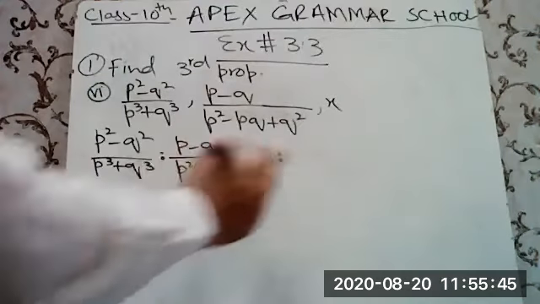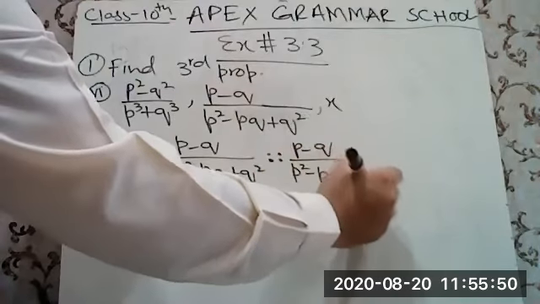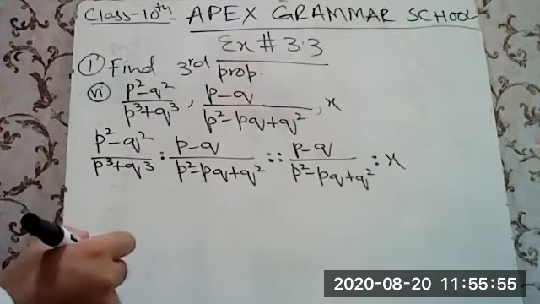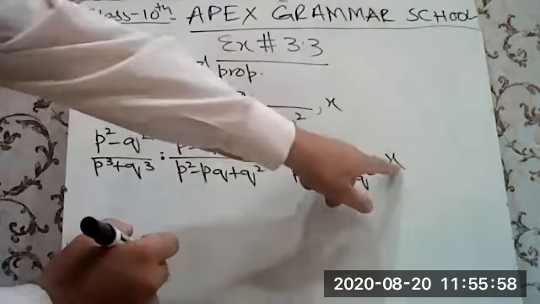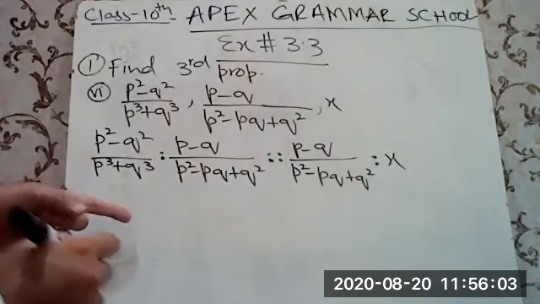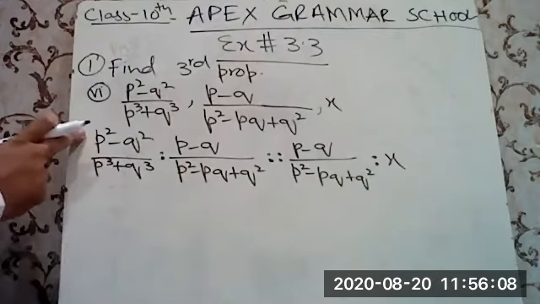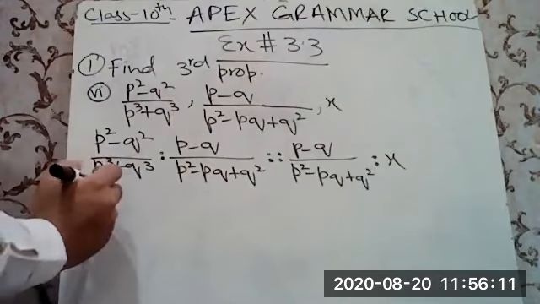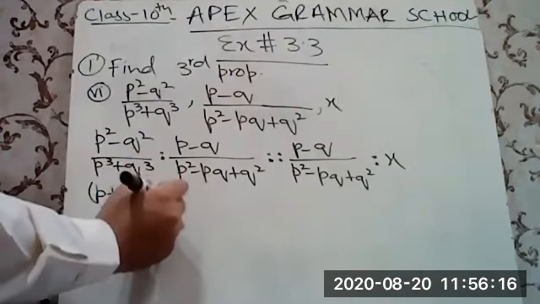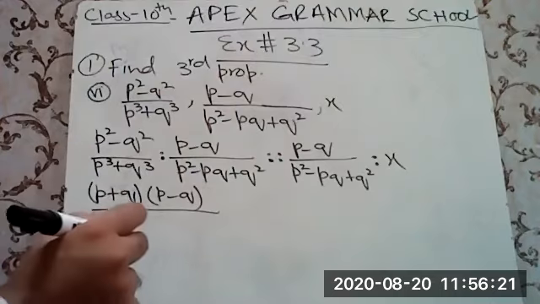Again this thing, p minus q divided by p square minus pq plus q square, ratio and x. Now these are extremes. At this step, I will open these formulas. Instead of writing p square minus q square, I'm going to write p plus q into p minus q, and in the denominator p cube plus q cube.